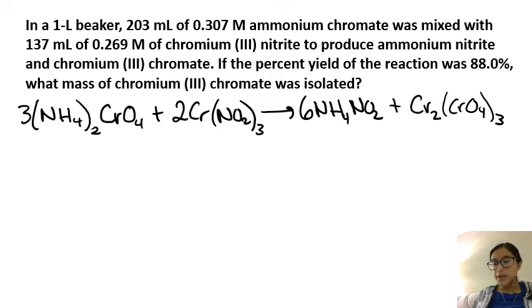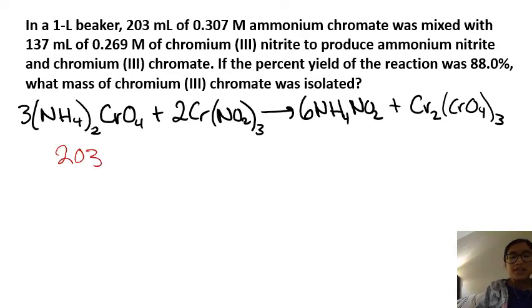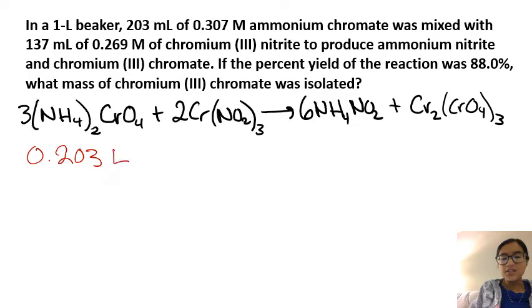Okay, so once you have the balanced equation, I like to use it as a sort of roadmap to the rest of the problem. So I like to label my balanced equation with what I'm given and where I'm trying to get to. We're told that we've got 203 mL of ammonium chromate. A lot of times, especially if it's a molarity problem, I like to save time and automatically convert it over to liters.